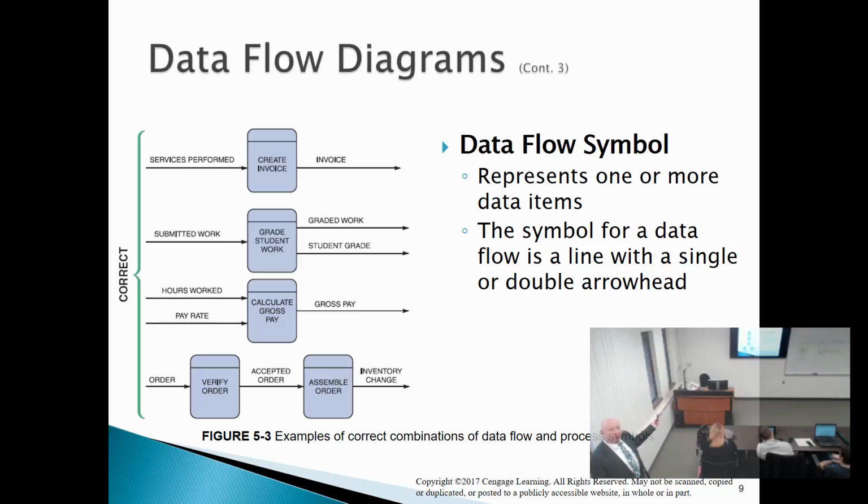So here are some examples. So we can have multiple inputs to create a single output, or a single input to create multiple outputs, or our outputs can be inputs to another process.